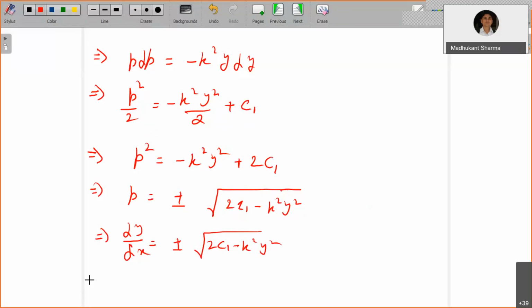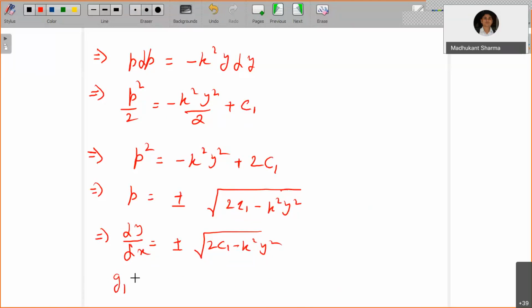What you will obtain is y equals some g1 of x comma y comma c1 comma c2, and y equals some g2 of x comma y comma c1 comma c2. So in general you will obtain two parameter families, two functions, one with a plus sign and one with a minus sign.